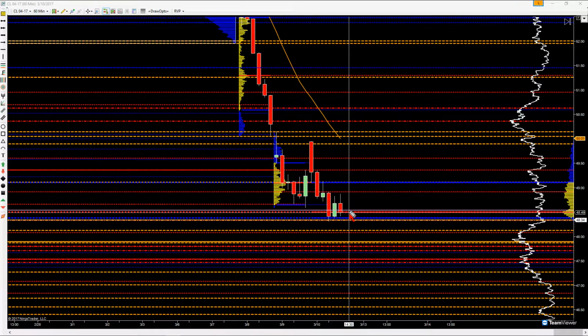Now some other hypos. Let's say we open, move up, chop, get towards value area high, fail, start making our way back down, look to test low from Friday, and see if that holds. At that point, we're right back to the scenario as to which side's going to break.